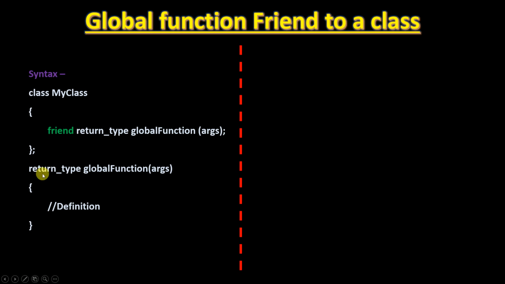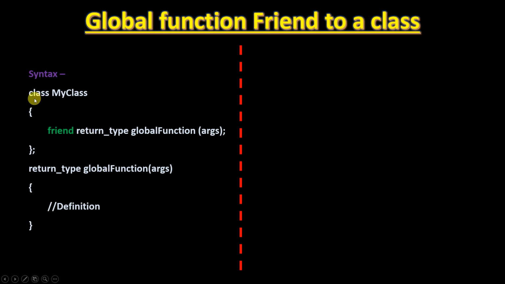You cannot give this definition before the class, because without the class your friend function won't know what members the class has. So don't give the definition of this global function before the class definition.